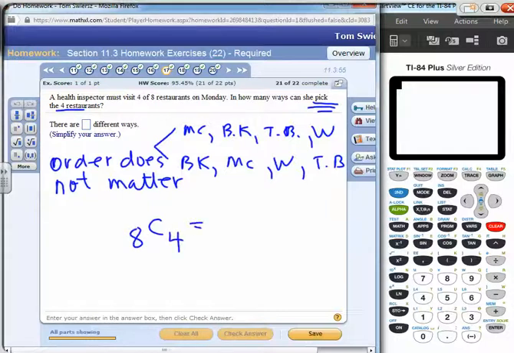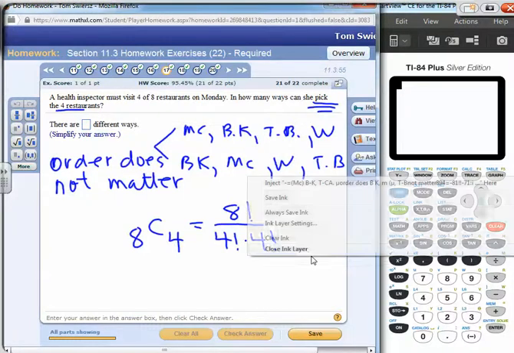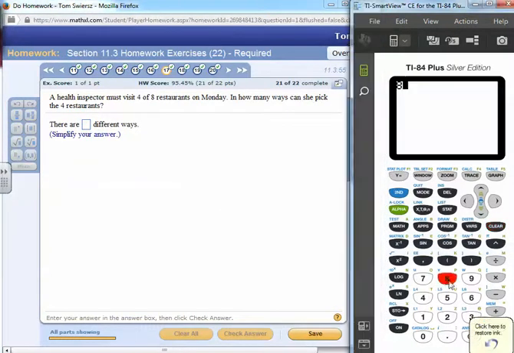So applying the combination formula, it's 8 factorial over 8 minus 4, which is 4 factorial, times the number on the right, also 4 factorial. You could write those out and reduce to get your answer, or simply use the calculator. The total is 8.